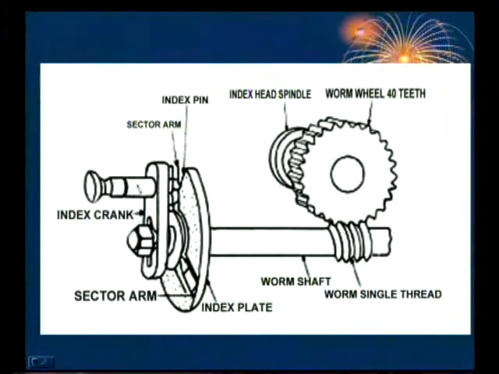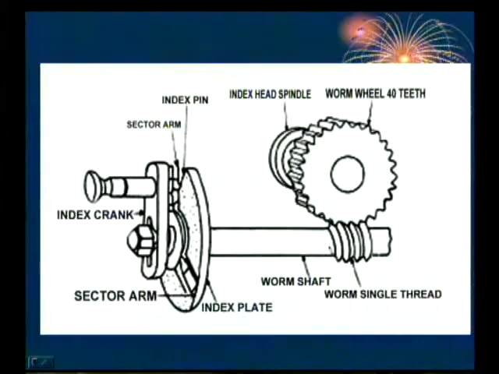With the handle or plunger on the crank, you can rotate the index crank, and the plunger pin can be connected to any one of these holes. For reference purposes, we have sector arms. You can rotate them, and to mark the starting point of the indexing, these sector arms are also used. So you have the index pin, the index crank, the plunger, the sector arm, the index plate, and the shaft connecting the plate.